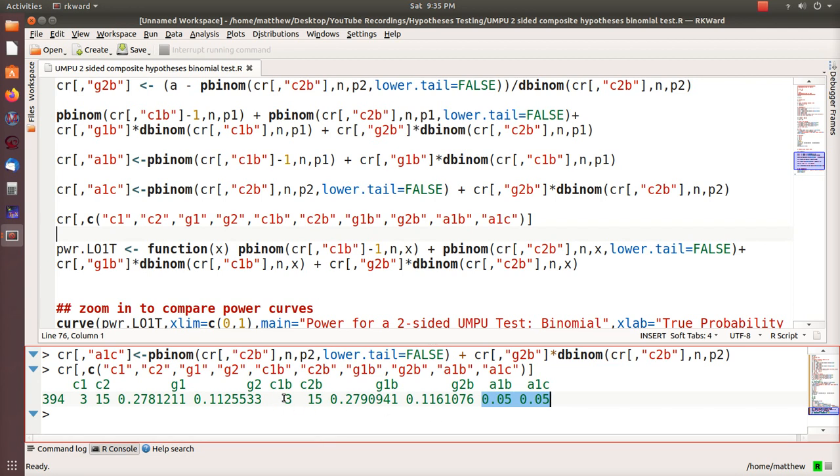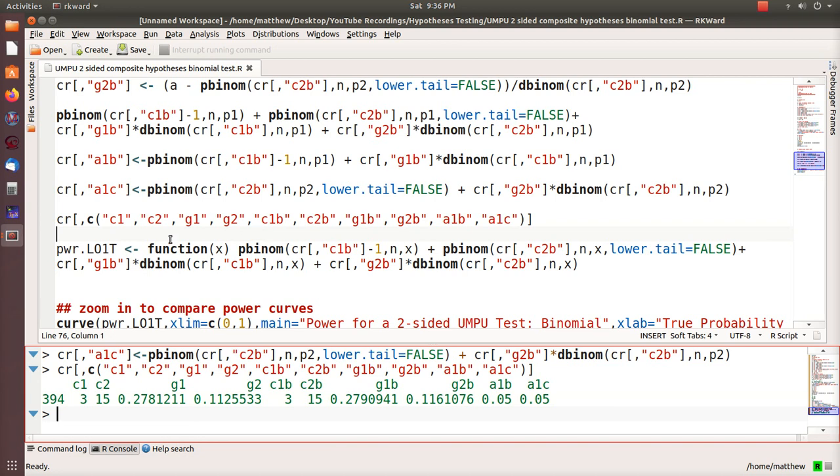So under the one-tailed approach, the C1 and C2 are the same, 3 and 15, but the gammas are a little different. But look how close they agree: 0.279, 0.278, 11.6, 11.25. So it's a pretty approximately uniformly most powerful test, unbiased, and you don't need a computer to calculate the critical region.